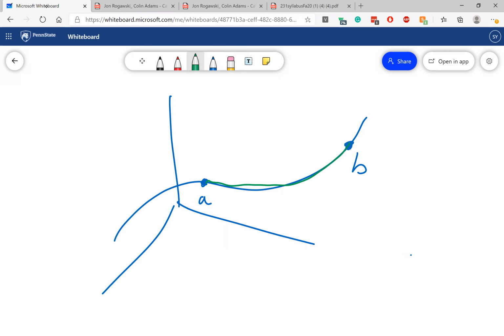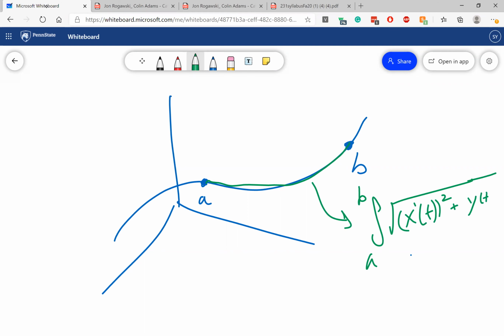So that's going to be the integral from A to B, and then the square root of x of t prime squared plus y of t prime squared.